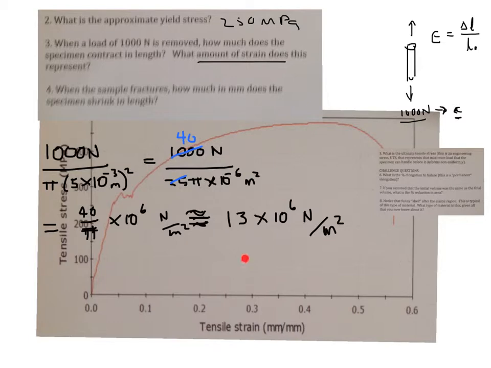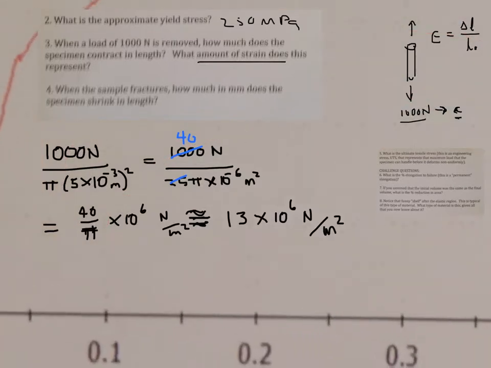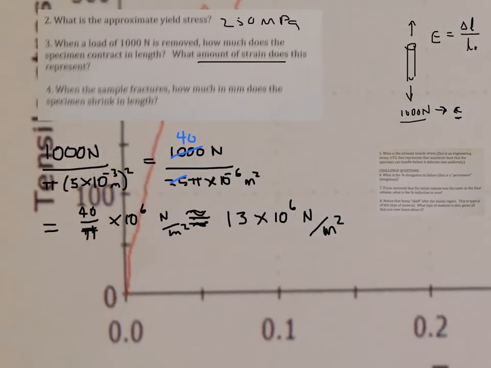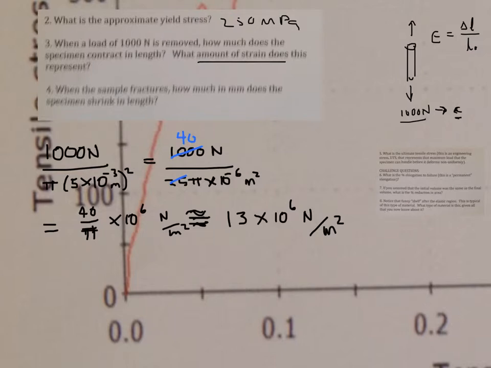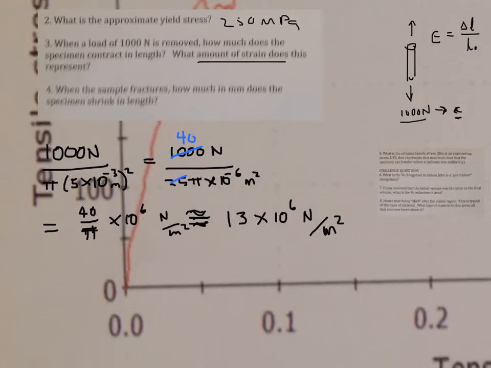I mean, clearly in the beginning here, at 13 megapascals, you're going to have very little strain. So we could use this as the original. We can kind of call this a triangle from here and compute this.